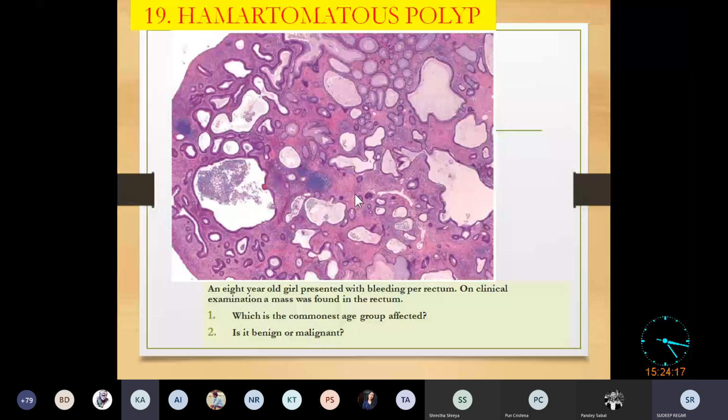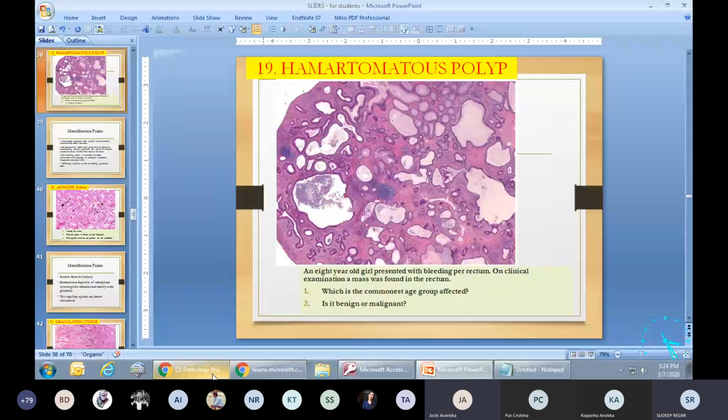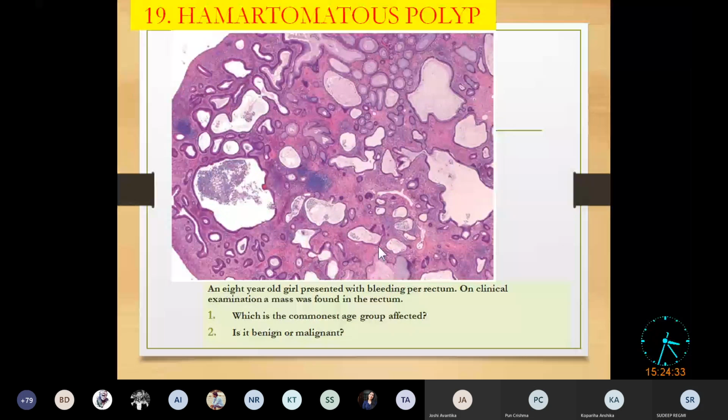Eight-year-old girl, so juvenile rectal polyp. Okay, very good. Why do you say that it is a juvenile rectal polyp? Cystically dilated glands are seen.